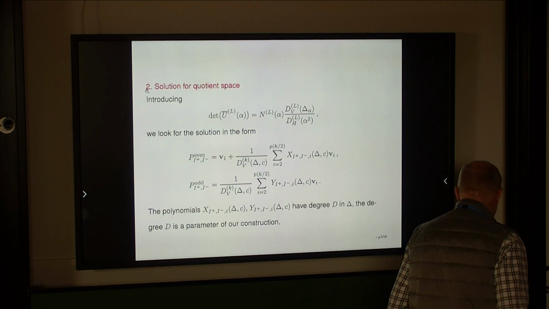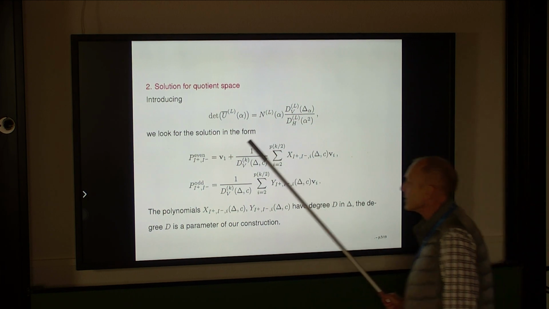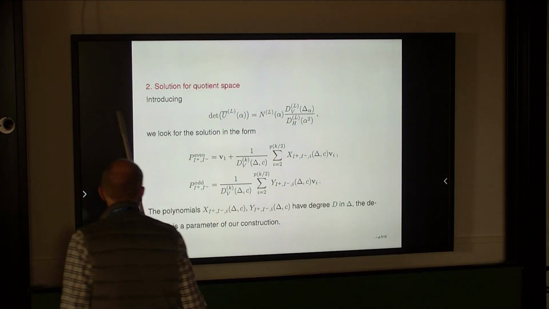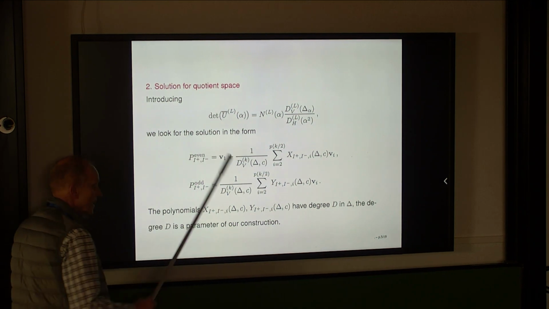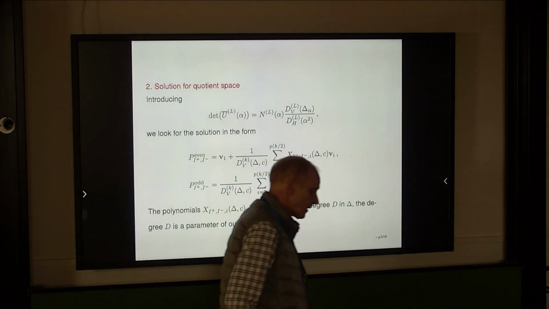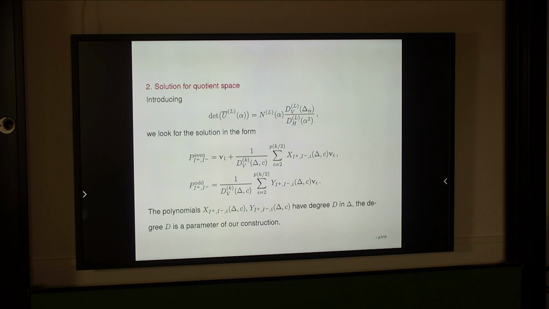Let me explain what the solution in this quotient space looks like. First of all, we have this operator U once again. Short question: for level 2, it's solved in terms of Barnes function. Gamma functions, yes, many gamma functions are called Barnes function.